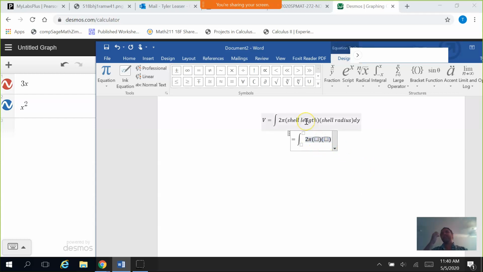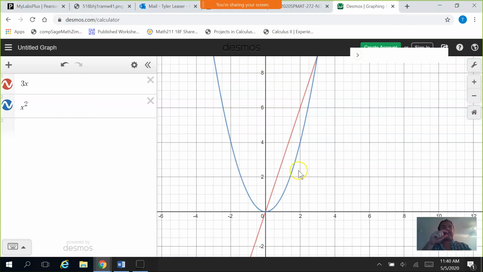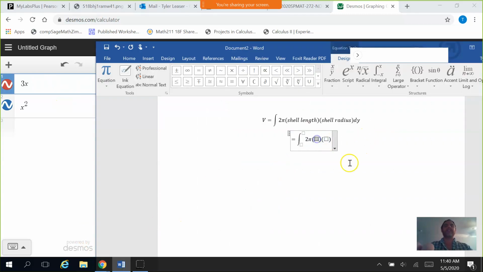Okay, so let's talk about the shell lengths. The shell lengths are going to be the lengths of your slices. So my slices are going between the two lines. Because they're going up and down, I need to do the top line minus the bottom line to get that length. The top line was 3x minus the bottom line x squared. So that's going to be my shell length, 3x minus x squared.